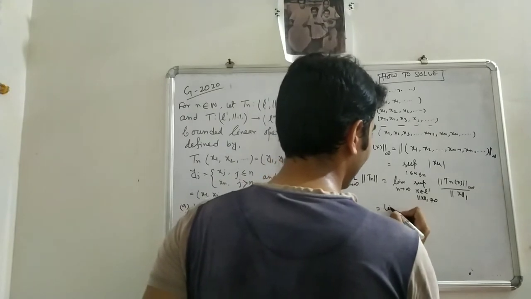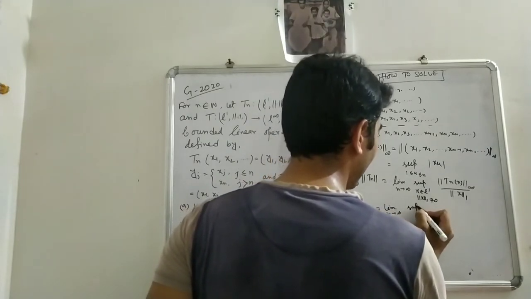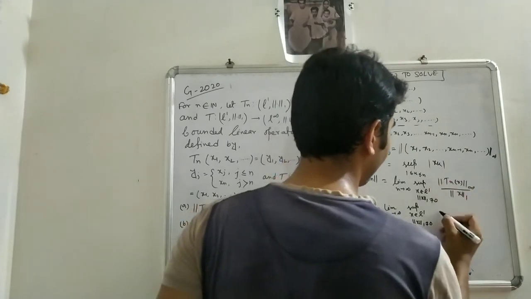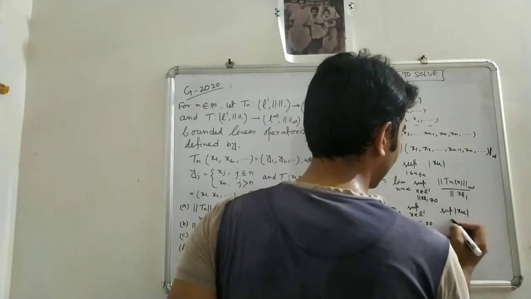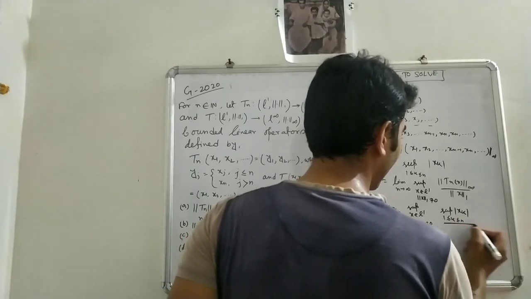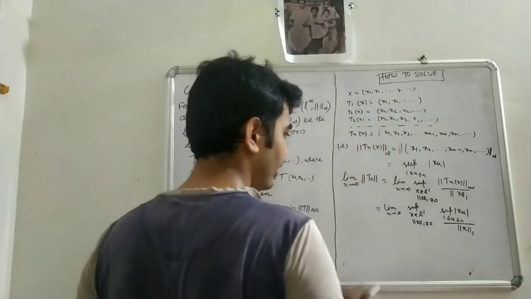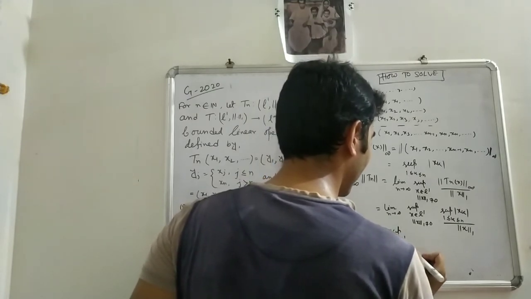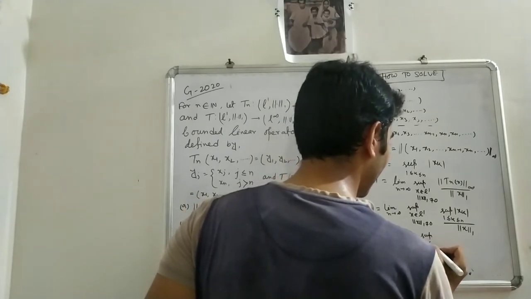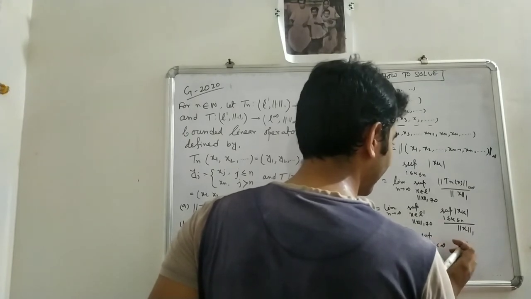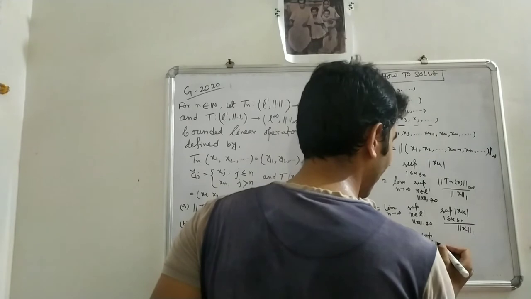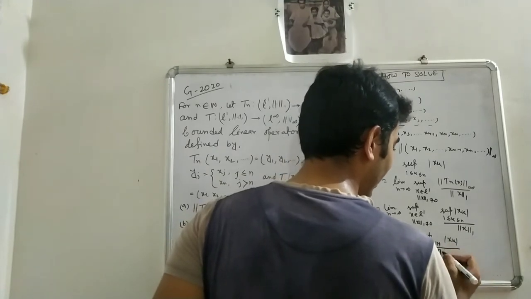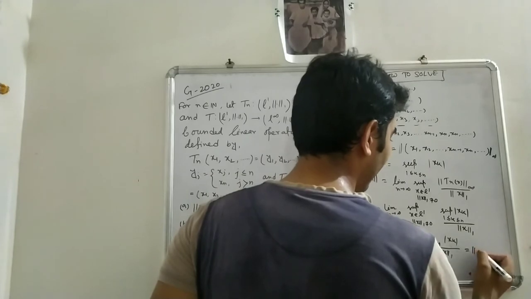This is equal to the supremum of modulus xk for 1 less or equal to k less or equal to n, divided by the norm of x1, and this is equal to the supremum over x belonging to L1 with norm of x1 not equal to 0 of the supremum over k belonging to capital N of modulus of xk divided by norm of x1, and this is nothing but the norm of T.